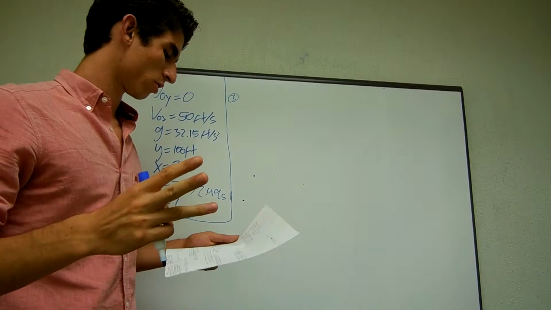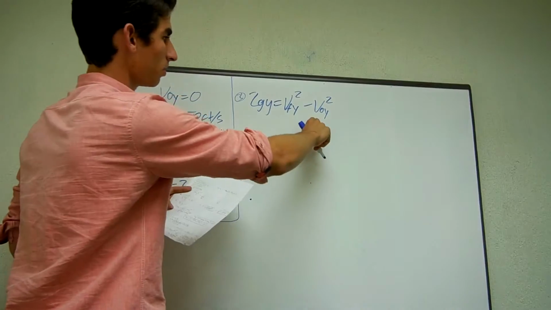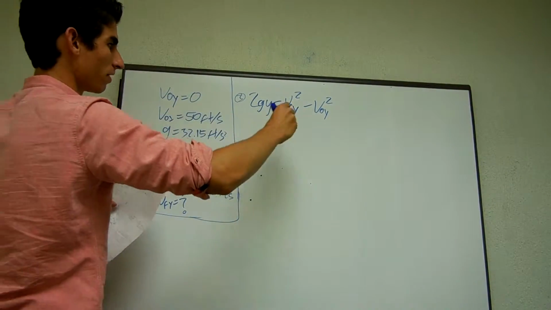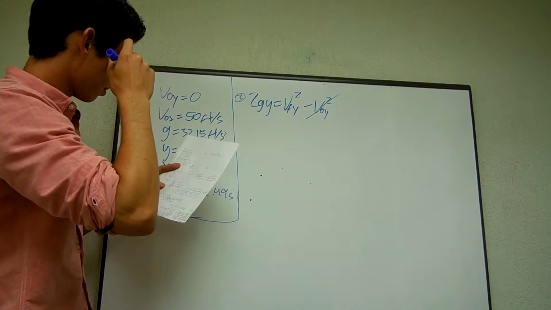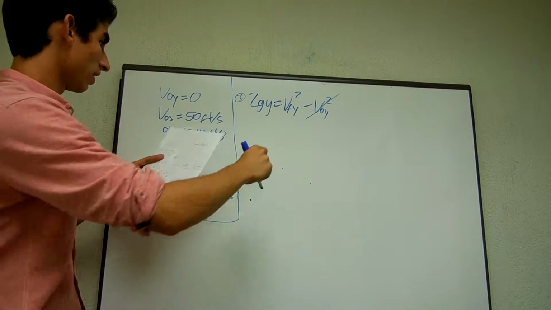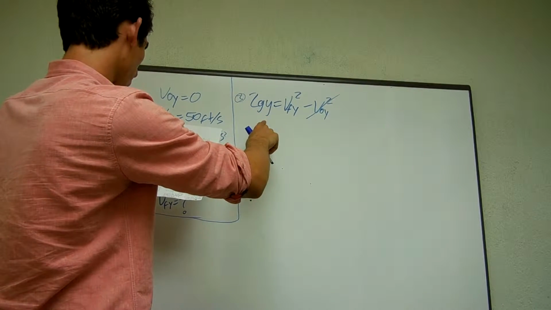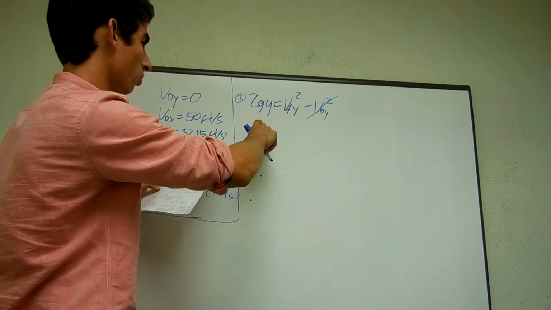The third thing we're being asked for is the impact velocity. We know that the initial velocity in the y direction is 0, so we cancel this, and when we isolate, we get this same term, but we have to take the square root of it.